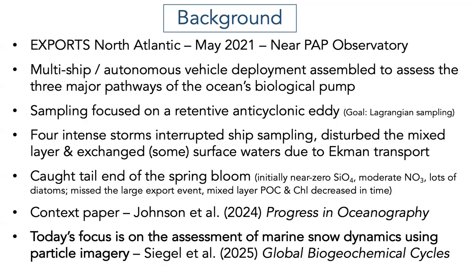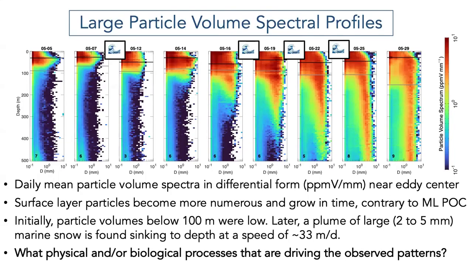So today's focus is going to be on the assessment of marine snow dynamics using particle imagery. And this is a paper that came out in December of this year. Shown here are vertical profiles of daily mean particle volume spectrum. They're done in differential form. On the x-axis is size ranging from a tenth of a millimeter to 10 millimeters, and in the vertical from the surface down to 500 meters depth.